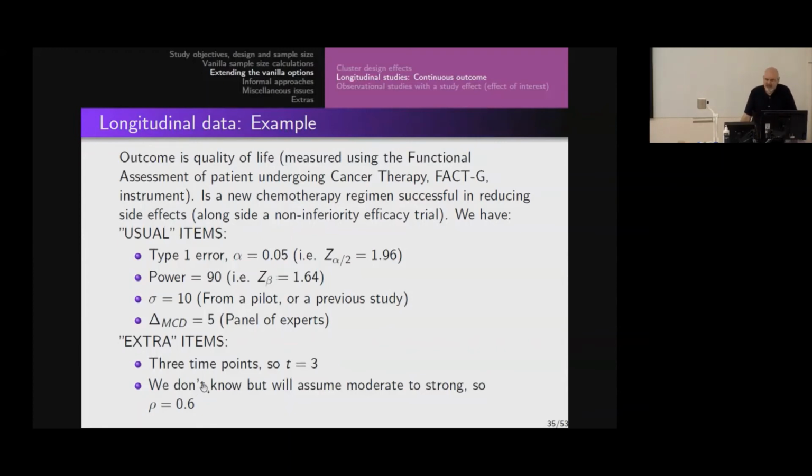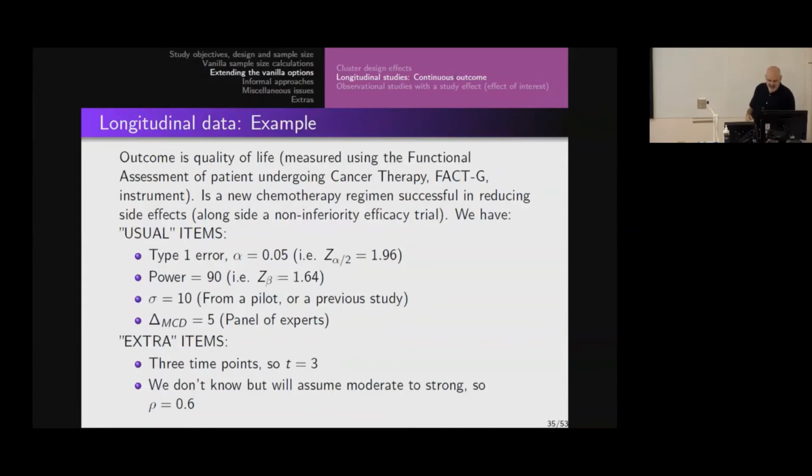This one's very simple. How many time points do we have for the patients? We are going to get a baseline value, a first follow-up, and a second follow-up from each patient, so T equals 3. And we don't know what the clustering effect will be, so we're going to assume that the ICC is 0.6.